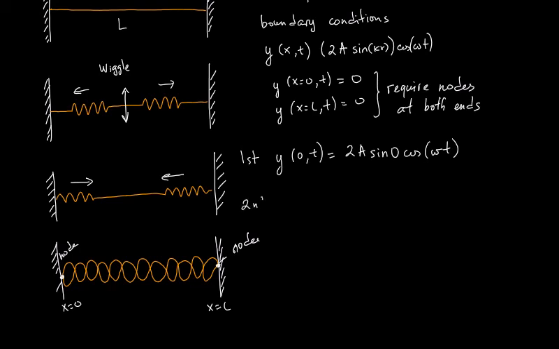And then the second condition would be y at x equals L, t equals 0. So this can happen only, maybe I should write that down, the whole thing: 2A sin(kL) cos(ωt).